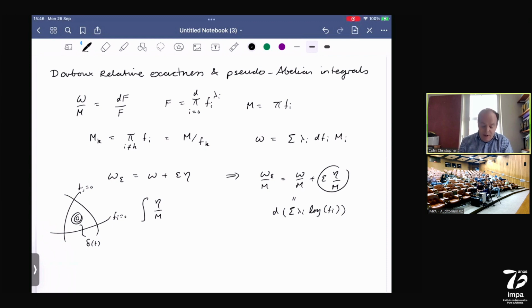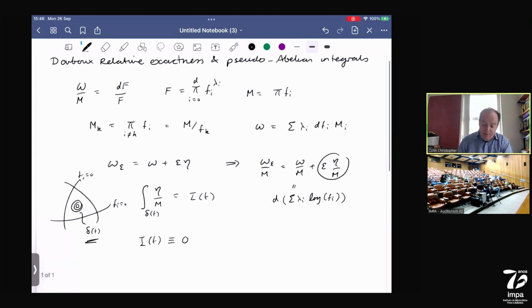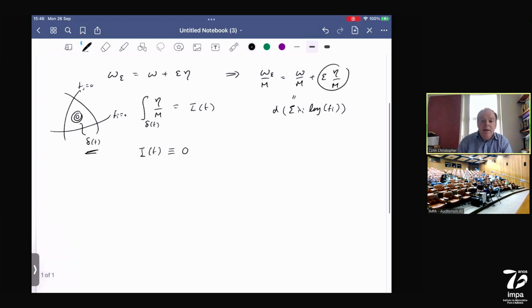So that, in particular, this vanishing cycle here doesn't actually loop around any of these curves, f_i equals 0. And so we want to be able to calculate this object around these vanishing cycles, and we're going to call this I(t). And our interest is mainly in when I(t) is identically 0, because it's going to allow us to give some sort of estimates on the number of limit cycles we can bifurcate and many other things. So that's where we got to with Pavel.